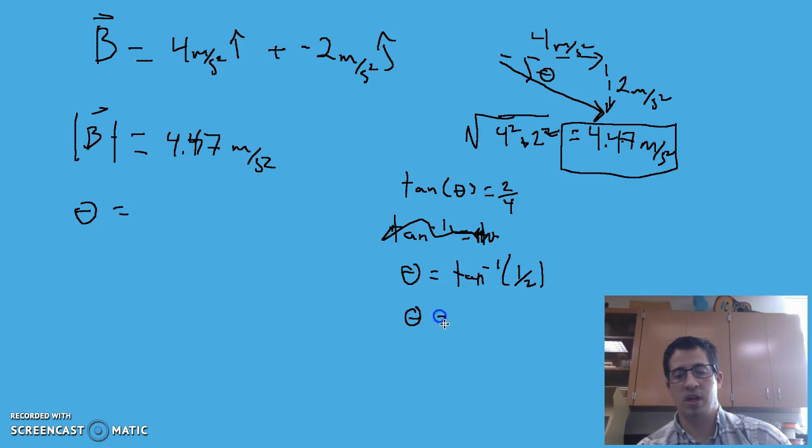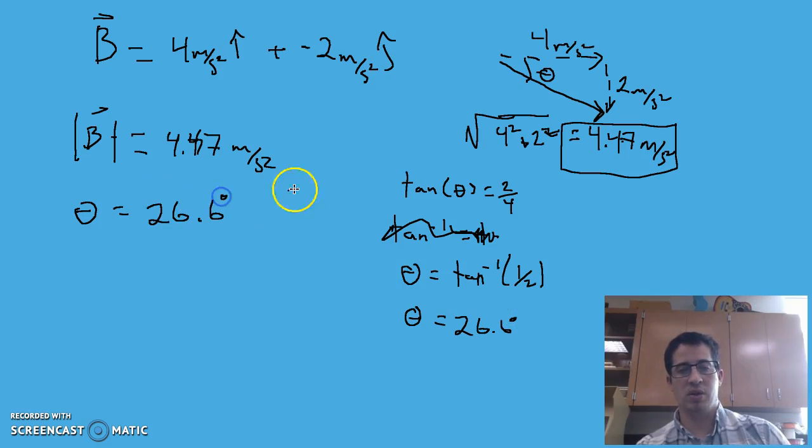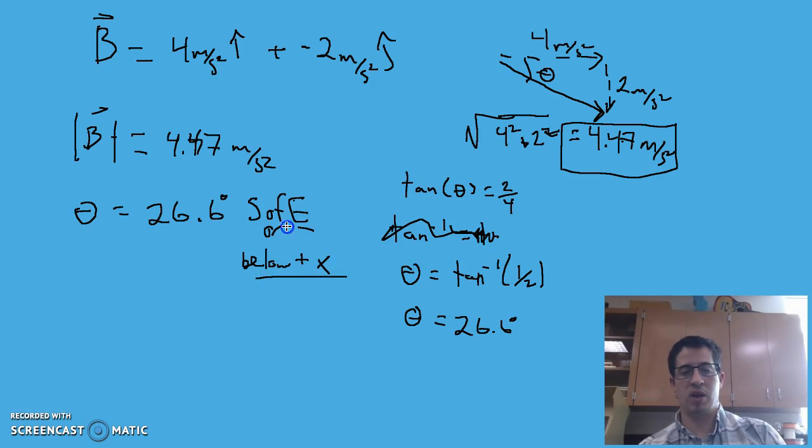And so when we punch that in, we're going to get 26.6 degrees, okay? And so when we write it out, 26.6 degrees, and it looks like it is south of east, or since we don't have really a clear reference, we could also say below positive x. Both of these would be okay here.